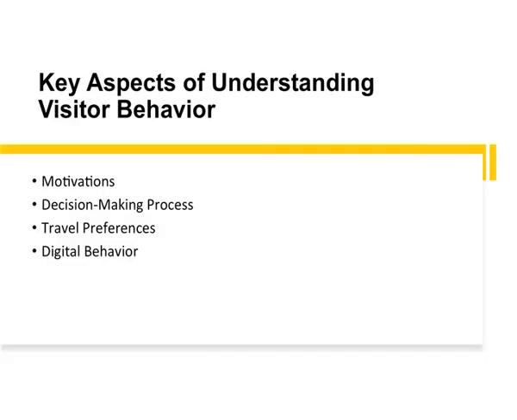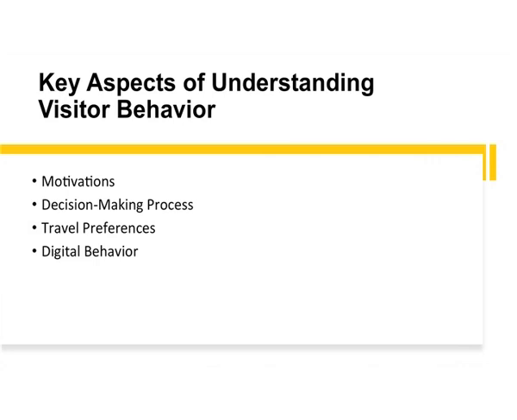Okay, what are the key aspects of understanding visitor behavior? There are various key aspects, like motivations. Every visitor can have a different motivation, a different mindset and ideology for visiting a particular place. So we need to keep in mind the various motivation factors of a tourist while visiting a place. Also, the decision making process.